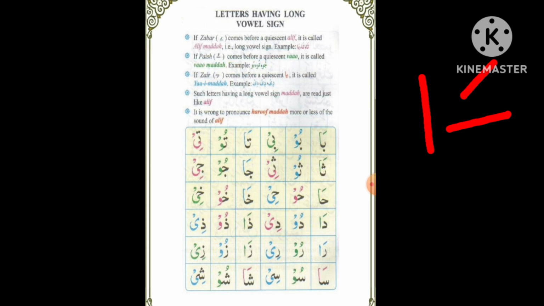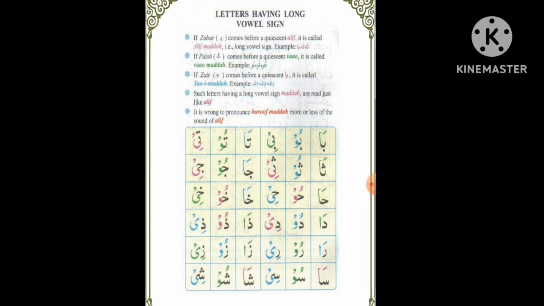Okay, so now let's continue. See the first line again. Ba, alif, zabar, ba. Ba, waw, pesh, bu. Ba, ya, zir, bi. Ta, alif, zabar, ta. Ta, waw, pesh, tu. Ta, ya, zir, ti. Sa, alif, zabar, sa.